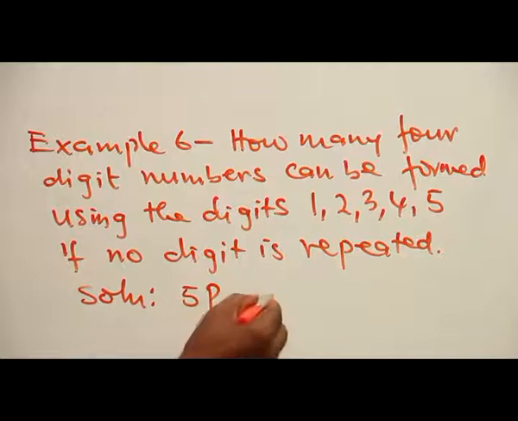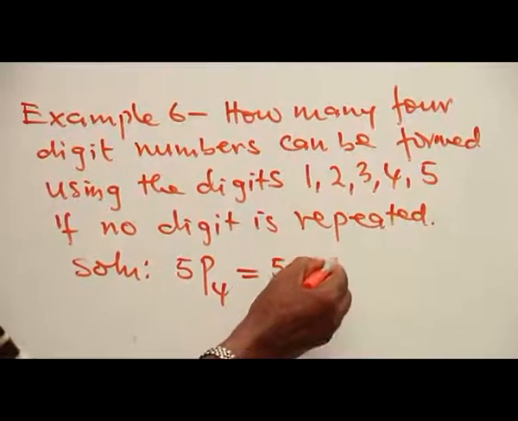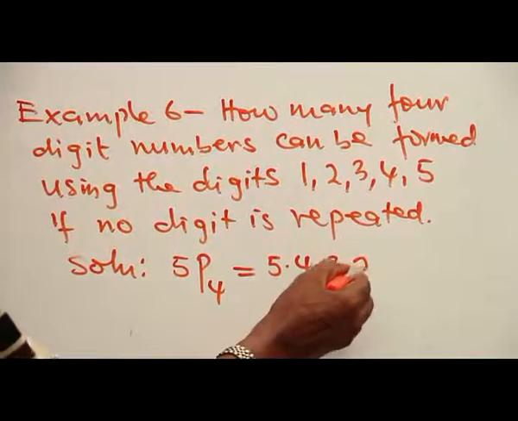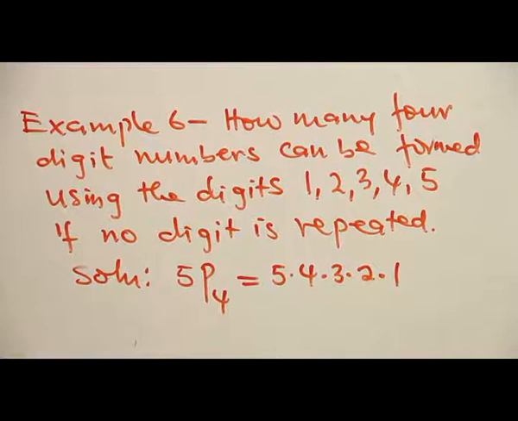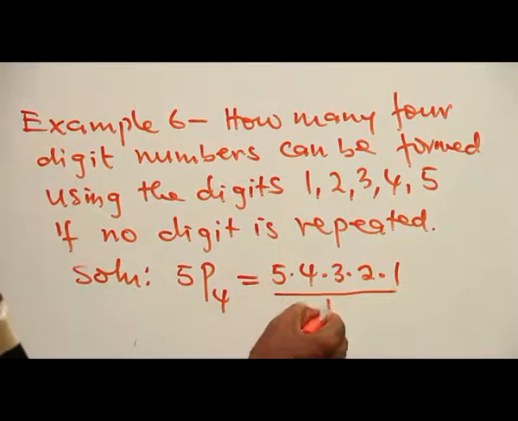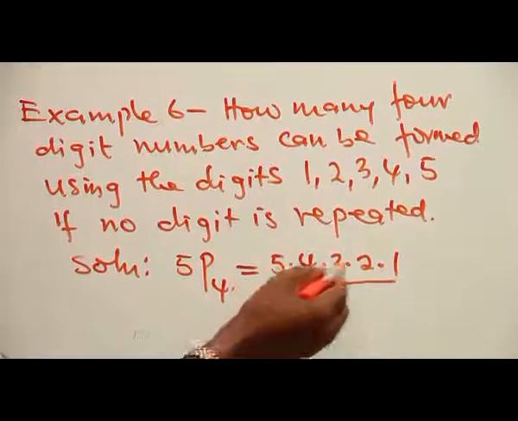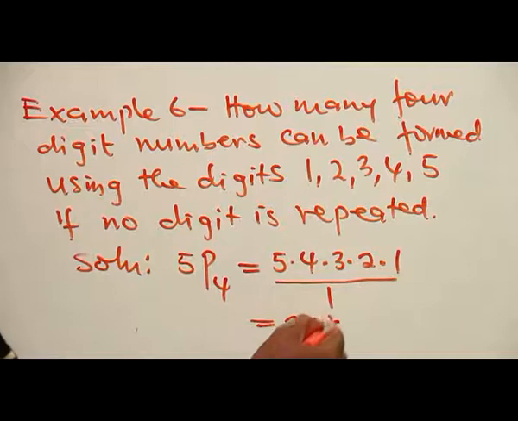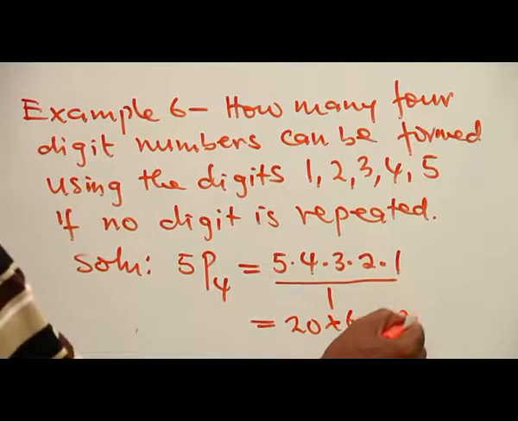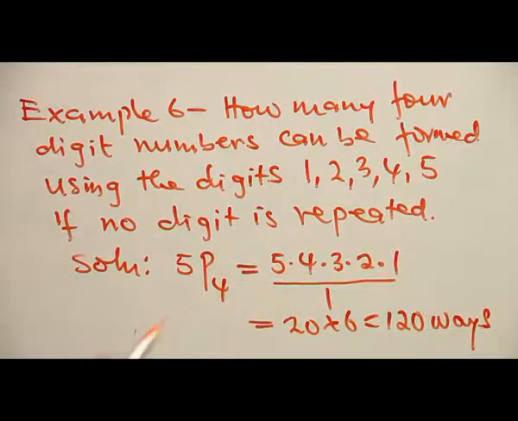And so this will become 5 times 4 times 3 times 2 times 1, all over 1. And the result is equal to 20 times 6, which is equal to 120 ways. I hope you understand the short form I've used here.